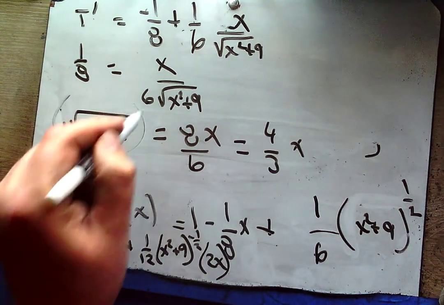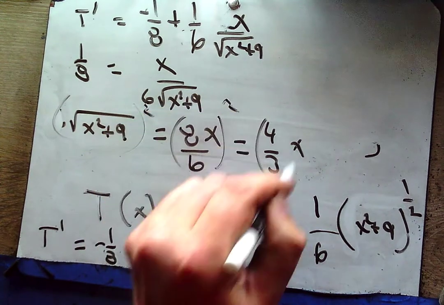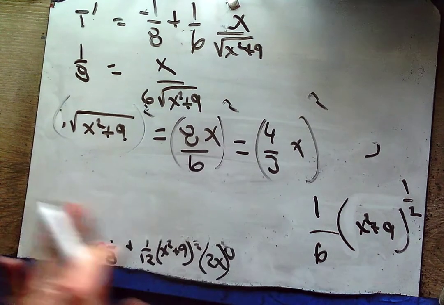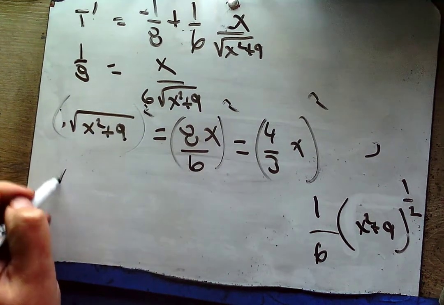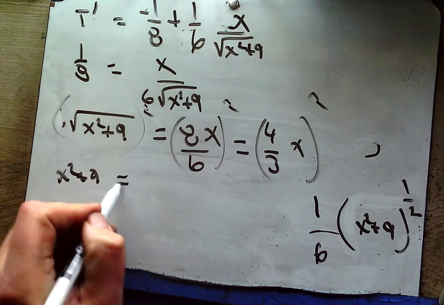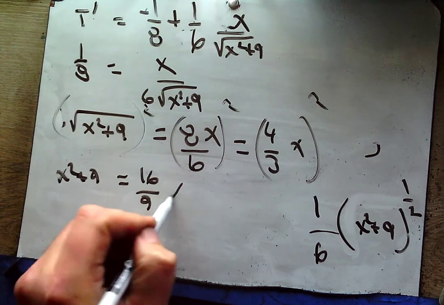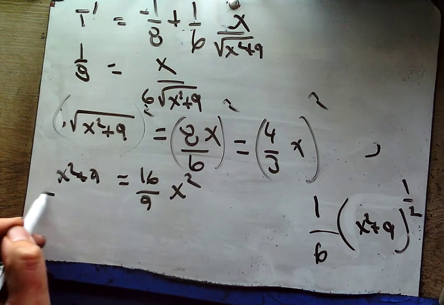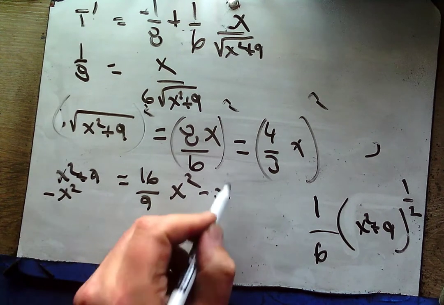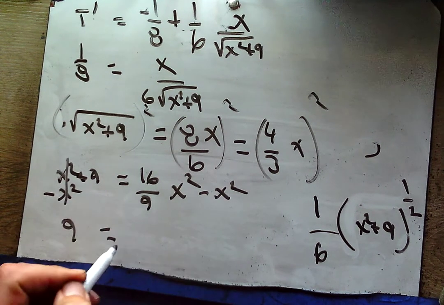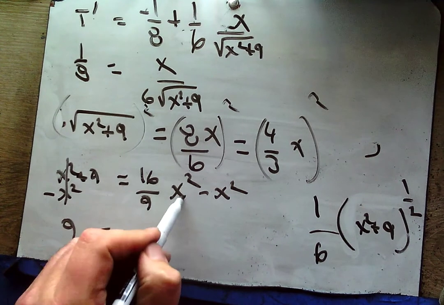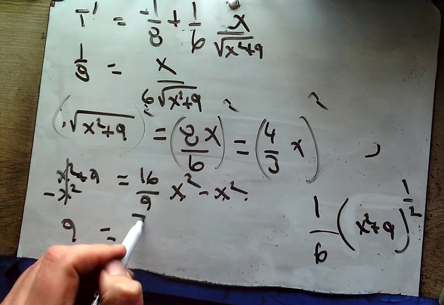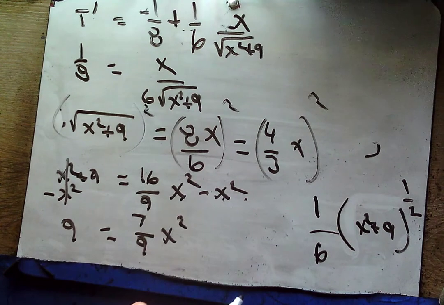So when I square both sides, on the left side, I've got x squared plus 9. And on the right side, I have 16/9 x squared. Well, if I subtract x squared from both sides, I'm going to get 9 equals 16/9 minus 9/9 is going to be 7/9 x squared.